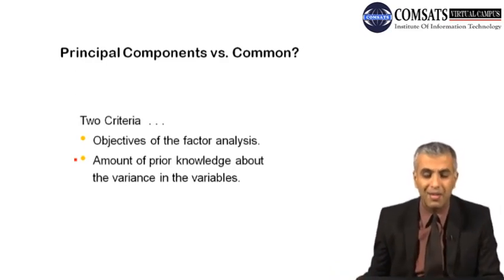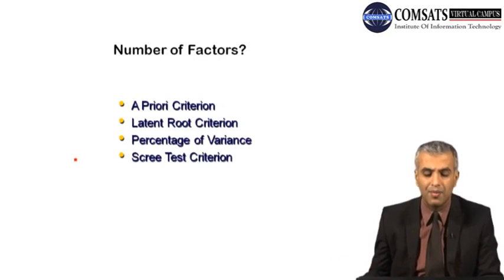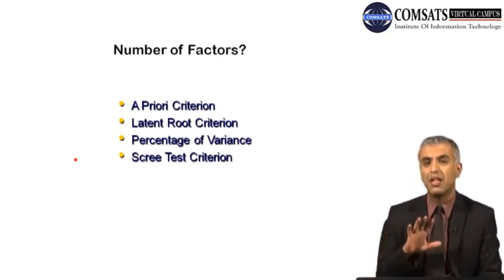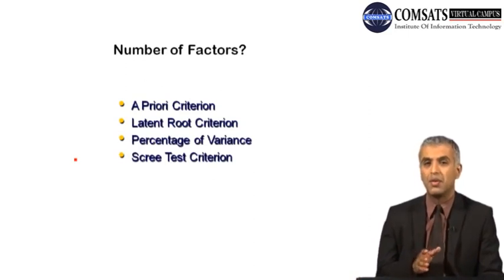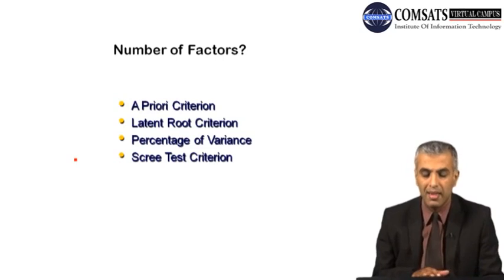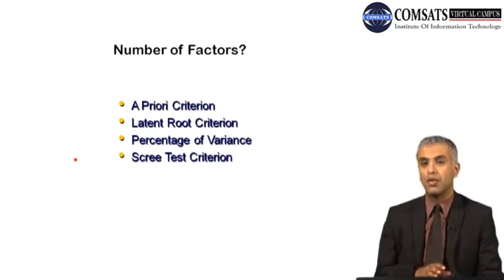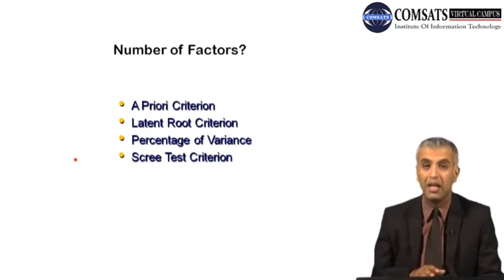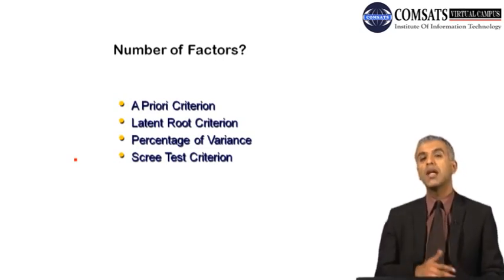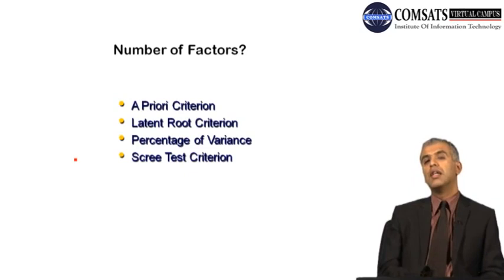Then based on this criteria, once we have chosen whether to use principal component analysis or common factor analysis, another important question which should be addressed is how many groups we need to form among the group of items or questions which we have been given.